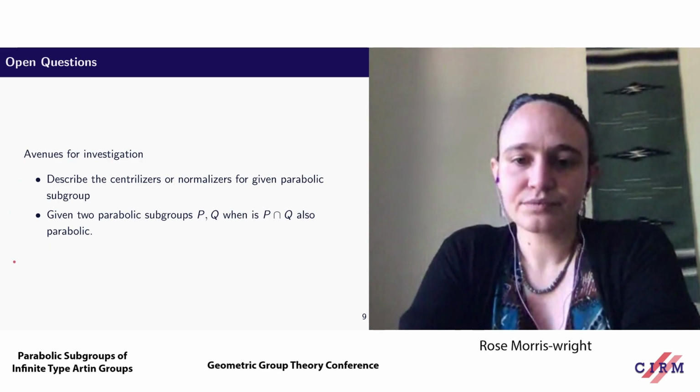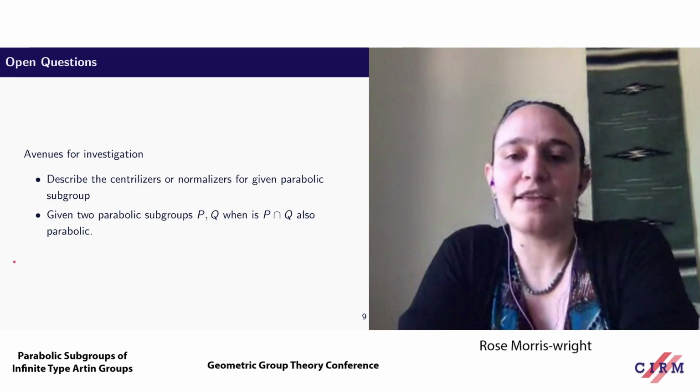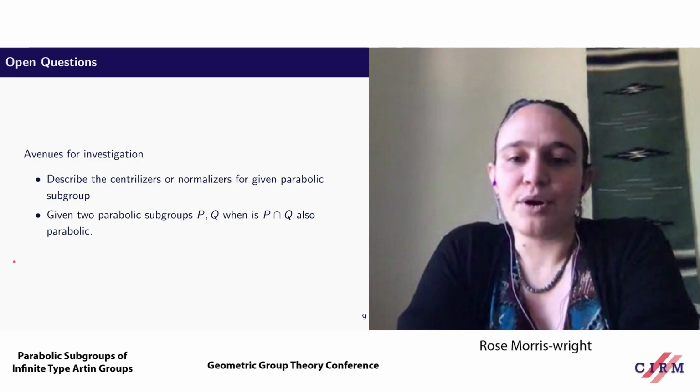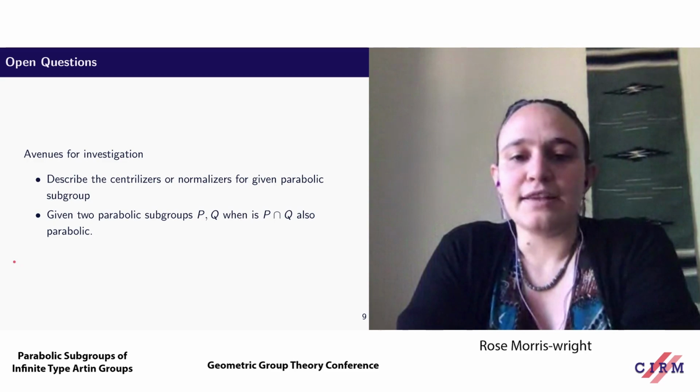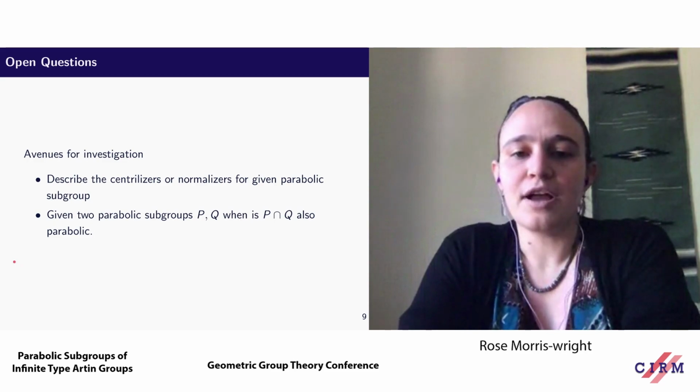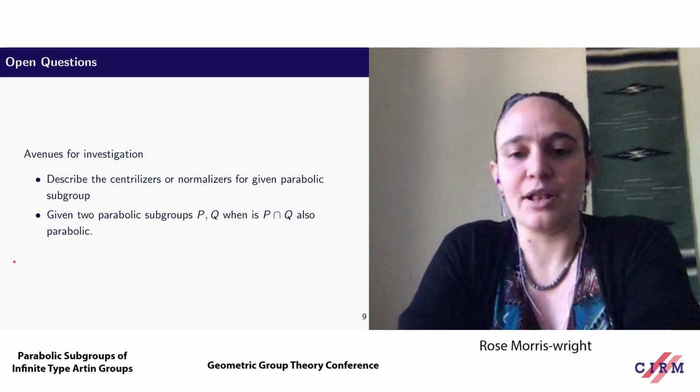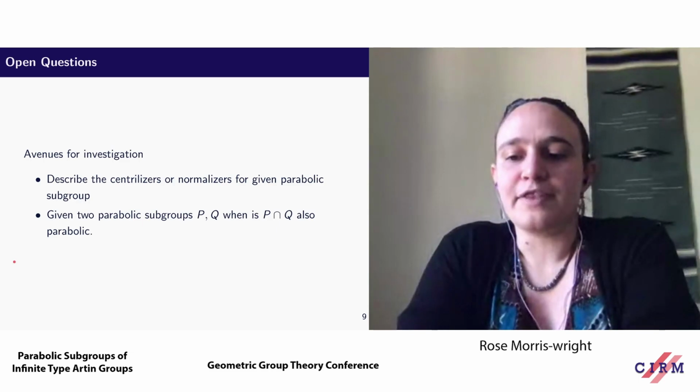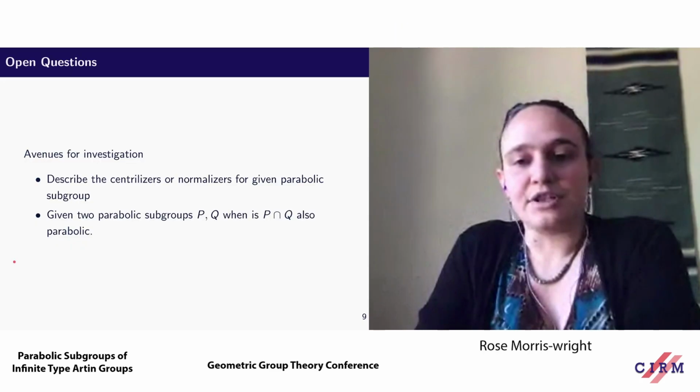And then here's a question that I think is surprising that we don't know it already: given two parabolic subgroups, when is their intersection a parabolic subgroup? So in terms of thinking about these parabolic subgroups as little Artin groups inside my big Artin group, I might want to ask, well, how do they interact with each other?